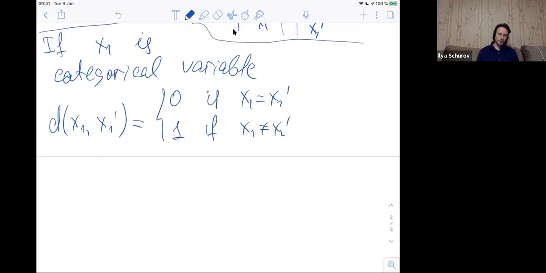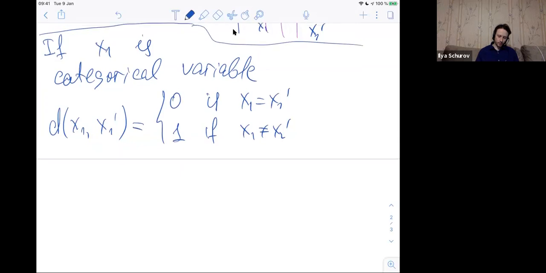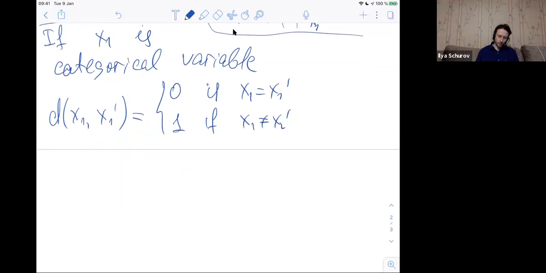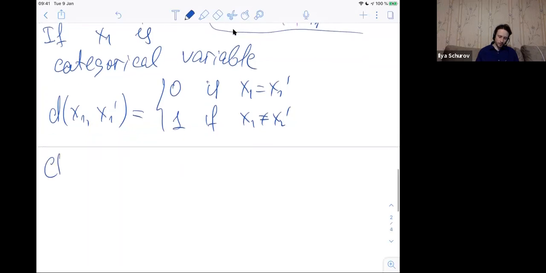But anyway, assume that we can define some distances in our set, and we want to make some clusters. Then we need to define some clustering algorithms. Let us discuss a couple of them. Actually, there are a lot of clustering algorithms, but I will discuss probably the most popular.